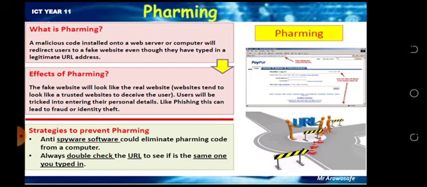Now, what are the effects of pharming? The fake website will look like the real website, as in the website that is not valid will look like a valid website. Then users will be tricked into entering their personal details.